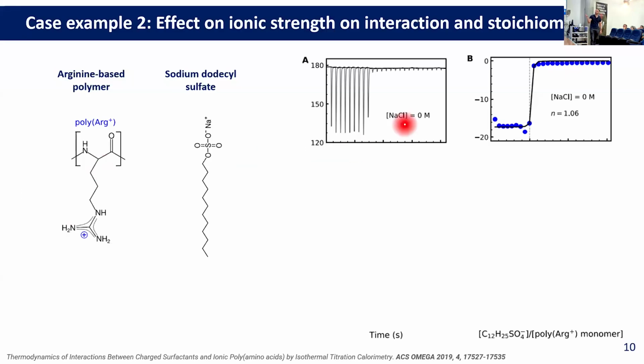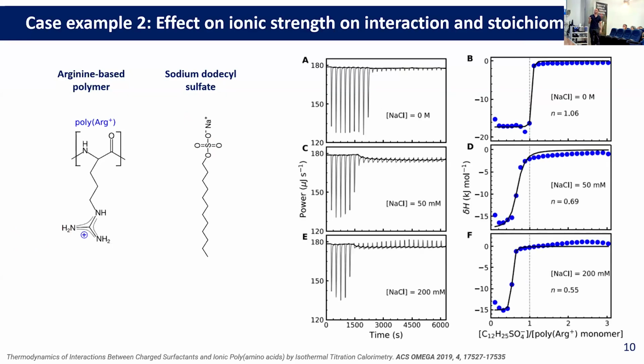So for a concentration 0, so for a low ionic strength without salts in the media, they saw that for every molecule of arginine, there was the binding of one SDS molecule, because this one is charged negatively and this one is charged positively, so there is an interaction of 1 to 1.